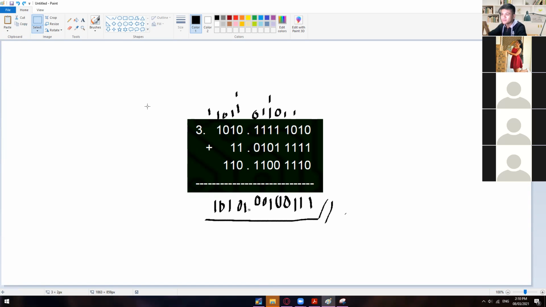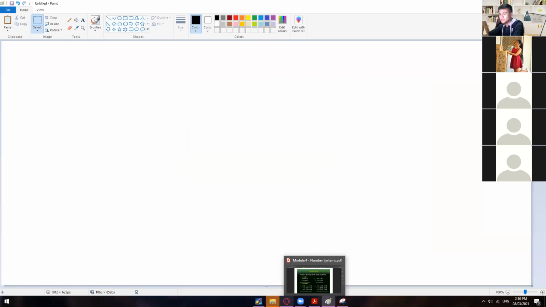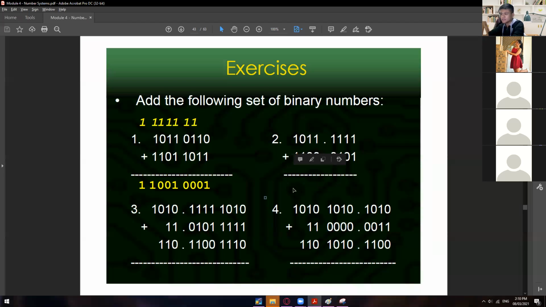So here's the decimal point. So there you go. This is the answer for example number 3. Okay, so let's now proceed to example number 4.